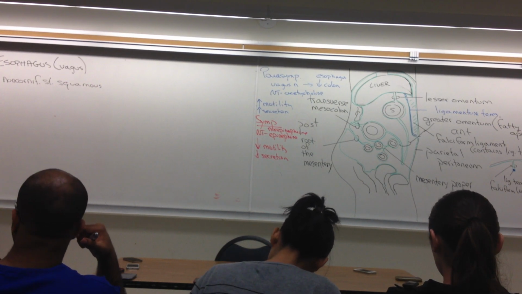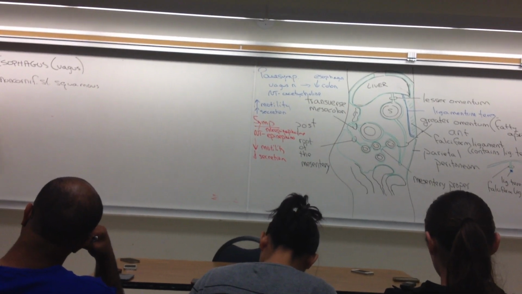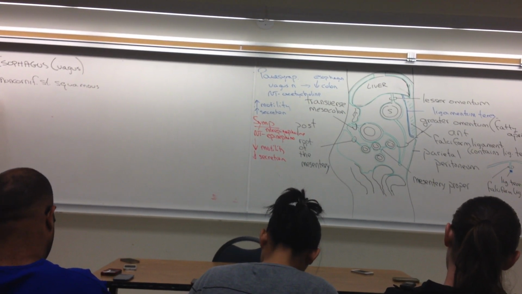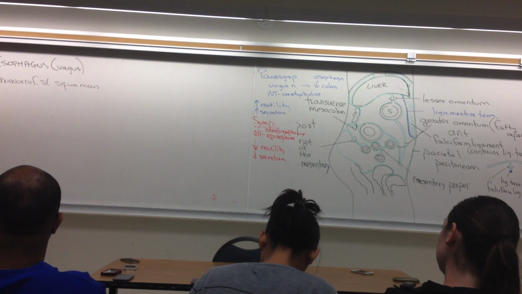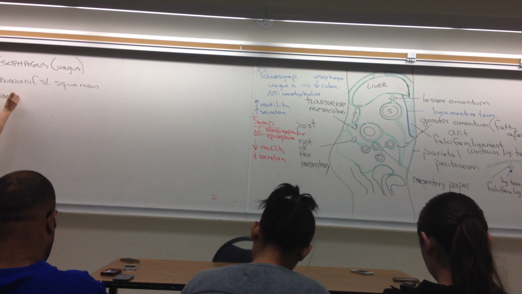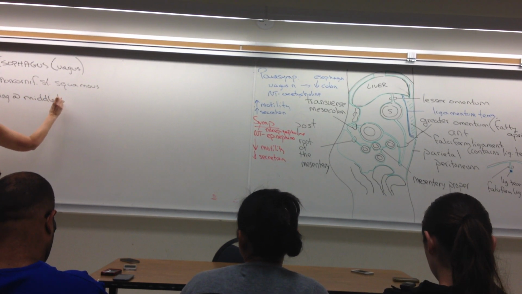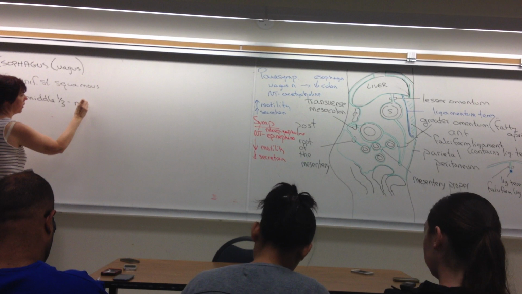About one-third of the way down, beginning at the middle third, we see a muscularis mucosa.